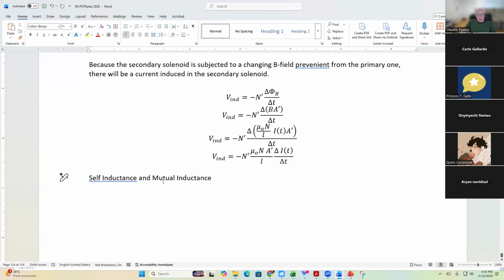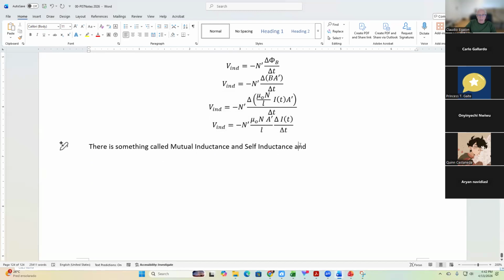So what's happening here? Mutual inductance is when one solenoid induces a current in a second solenoid. That's what it is. We're going to put mutual inductance first because we're dealing with that first. There's something called mutual inductance and self-inductance.